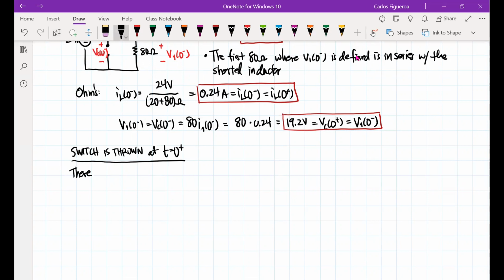There are two known values, right? We know that VC of 0 plus has to be continuous from the switch, and the inductor current at 0 plus must stay the same as well.